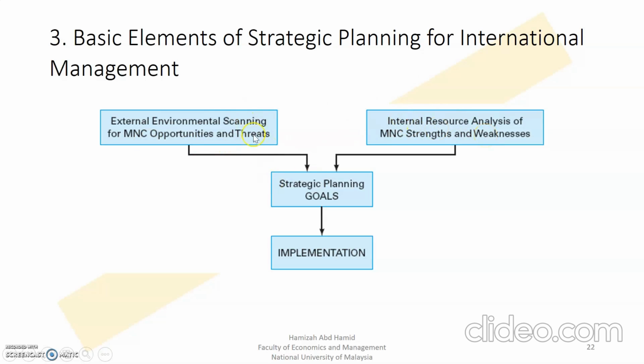You combine that and match them, and formulate some strategic planning goals, and then you implement. And there are a lot of principles in decision making in this sense. You can apply back what you have learned in the last few weeks on decision making and control.